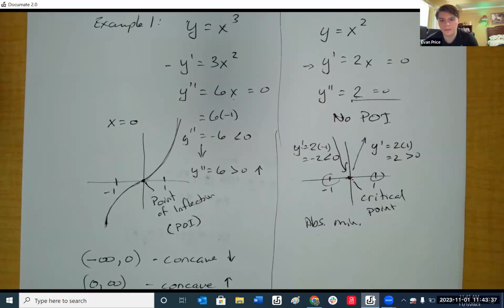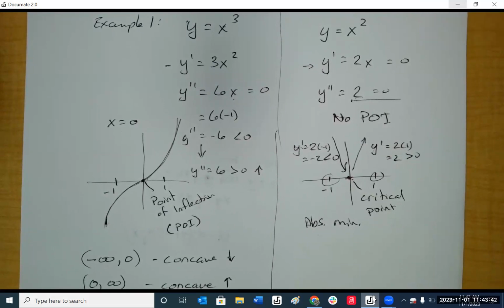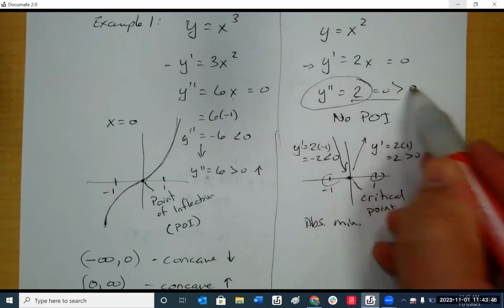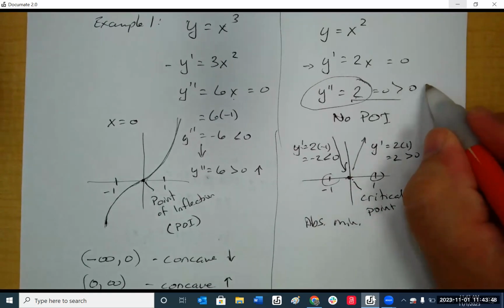So this one is always concave up, because the second derivative is greater than 0.